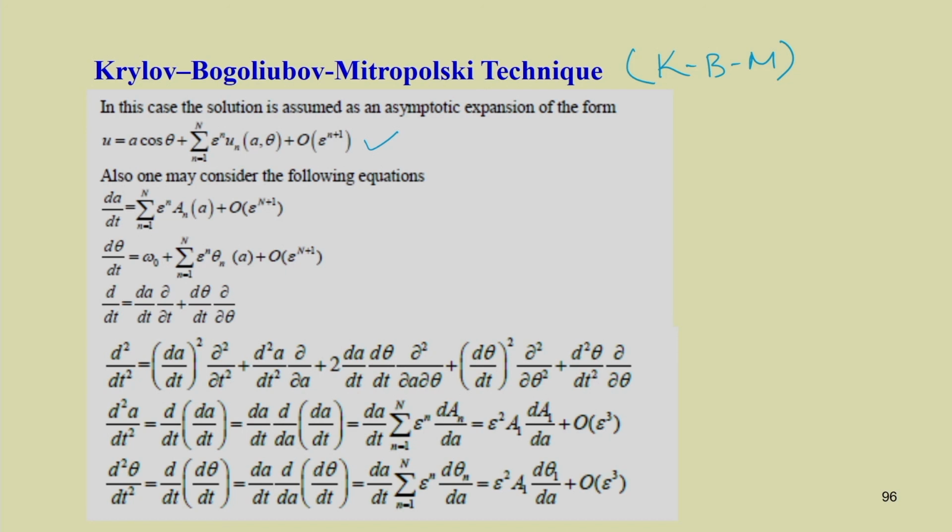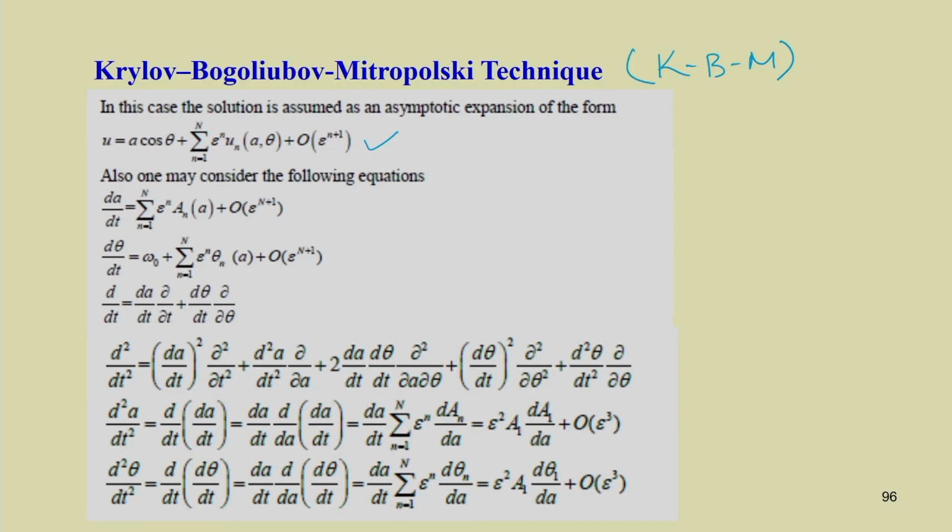Also, one may consider the following equation. Previously, for example in case of Duffing, we have taken a and beta as slowly varying functions of t, and dA by dt equal to 0. But here we are assuming dA by dt equal to summation n equal to 1 to n epsilon n A n of a.